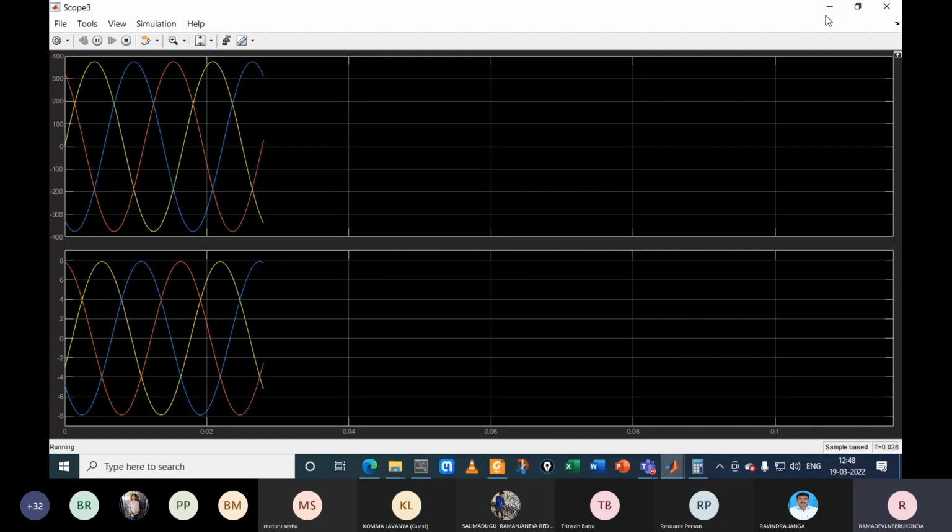So we created the fault at the instant 4 by 60. So after the fourth cycle, we created the fault.